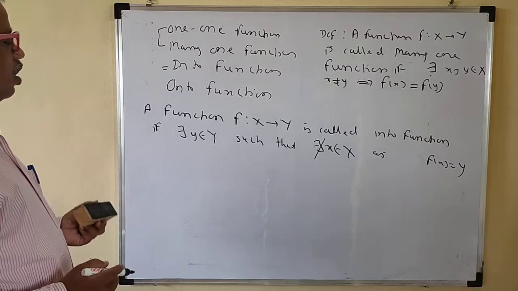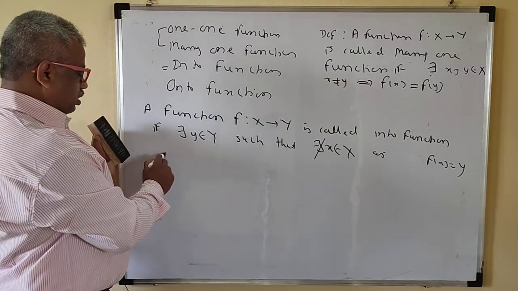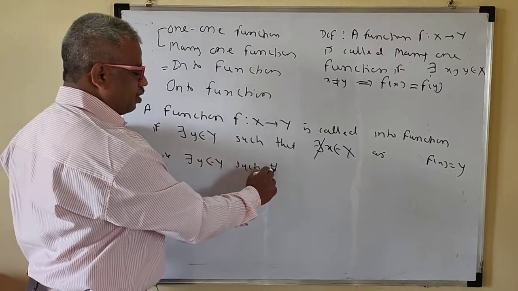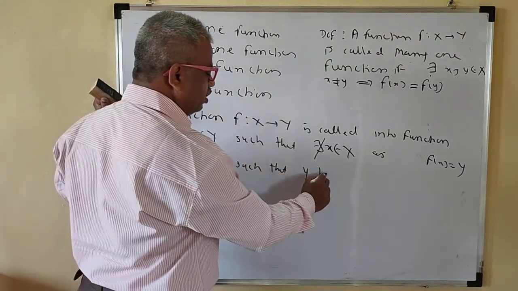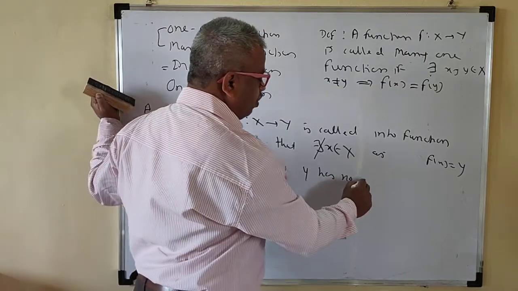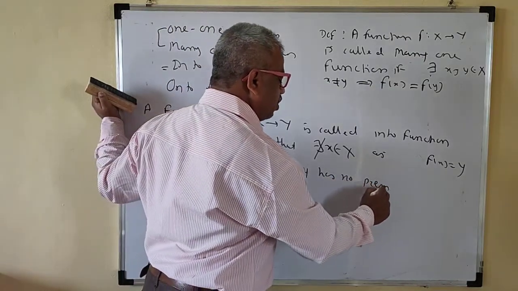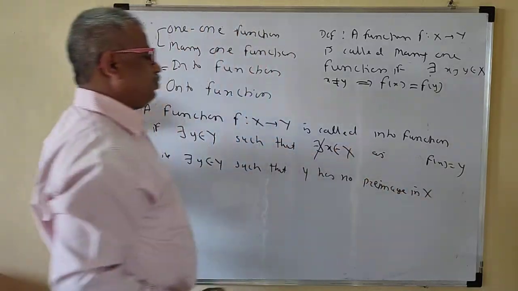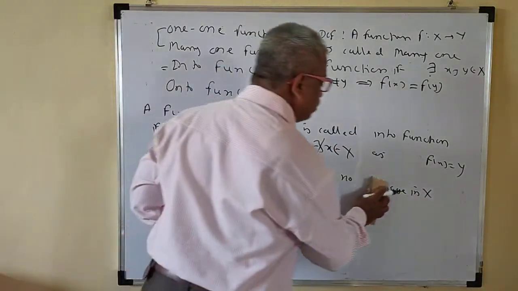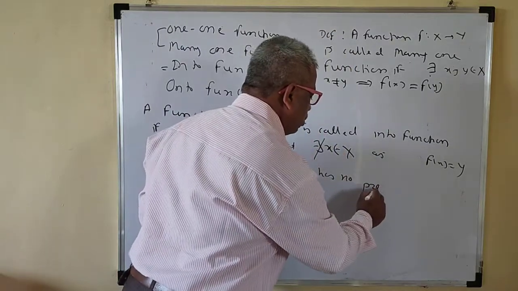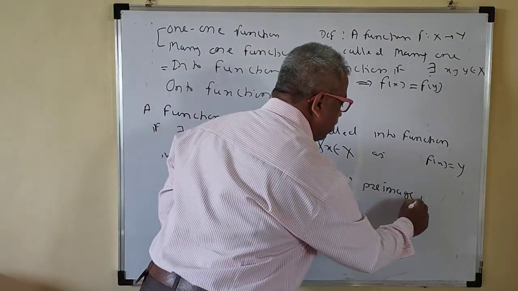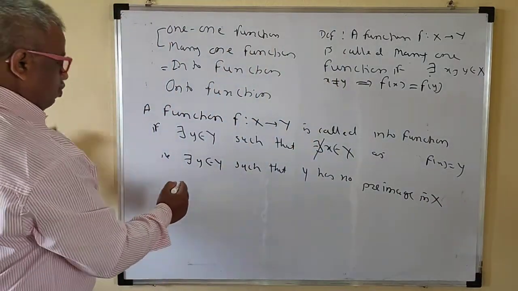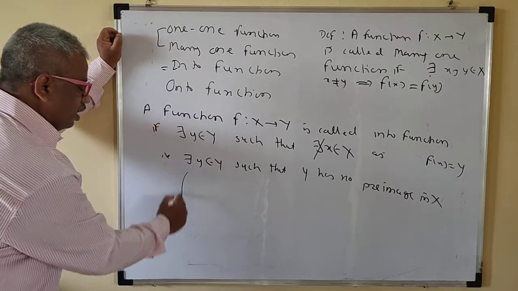So that means there exists y belongs to Y such that y has no pre-image in X. We draw the Venn diagram so that you will understand this part.